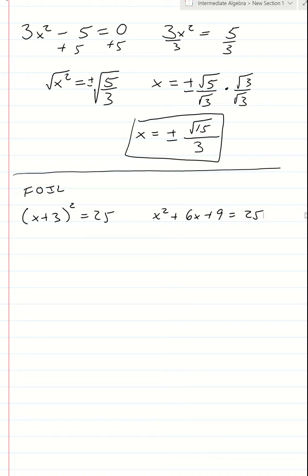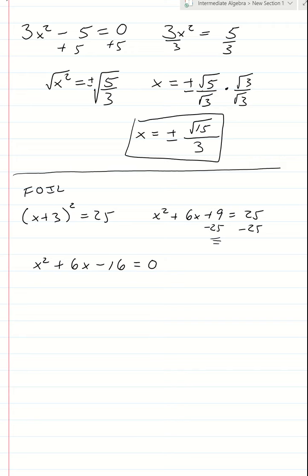And so, what we would have to do is subtract the 25 from both sides. When we combine our like terms, that would now give us x squared plus 6x. The 25 is being subtracted from the positive 9, and that would give us negative 16 equals now 0.